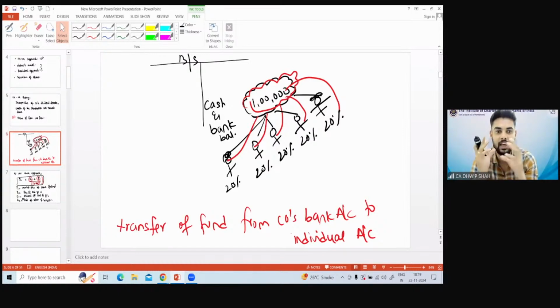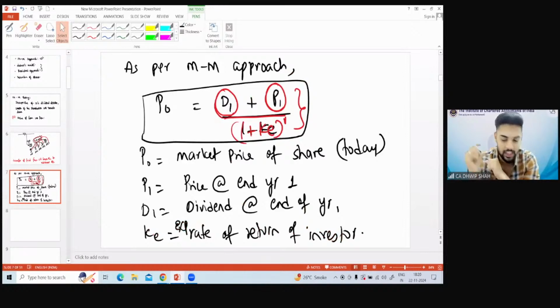That's the reason MM said that the wealth of the shareholder will not change. Now, just like all the finance scholars gave their respective formulas to calculate share price, MM gave his formula as well.